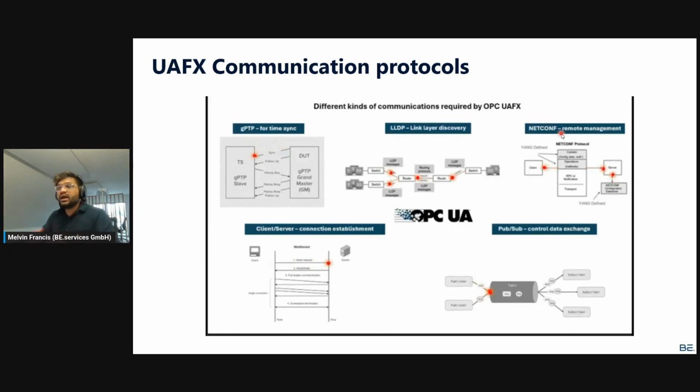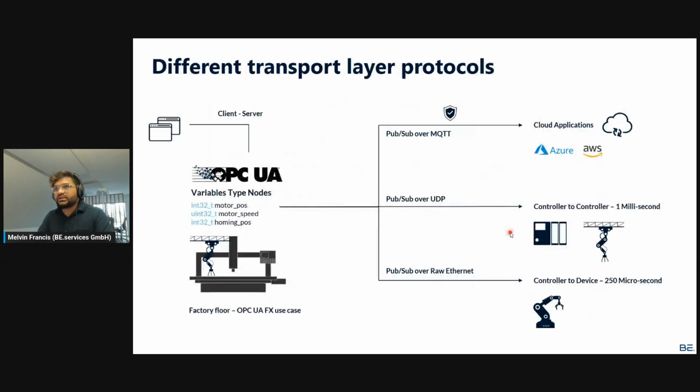And for communications, we have client server communication and pub sub communication. This combination helps us realize both real-time communication, and also service communication or configuration. All this is possible with these standards that you saw in the previous slide.